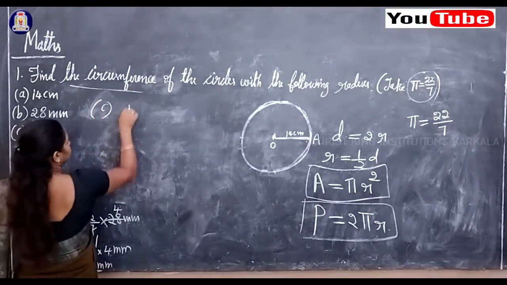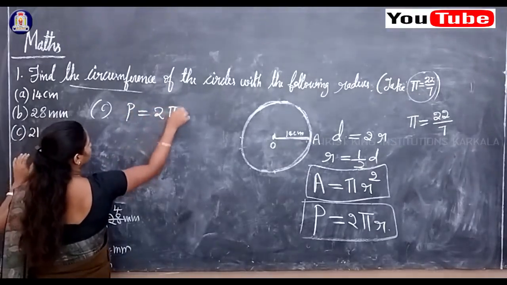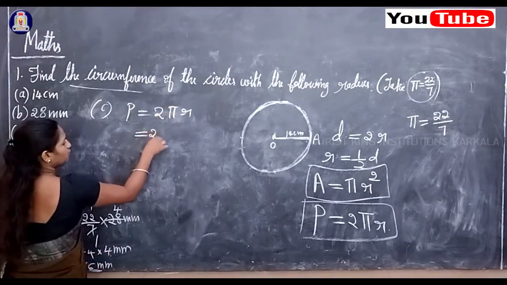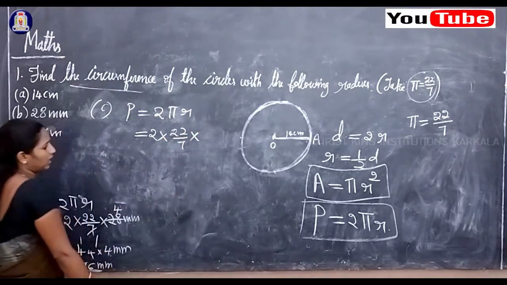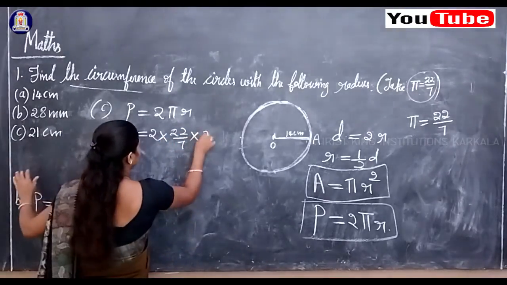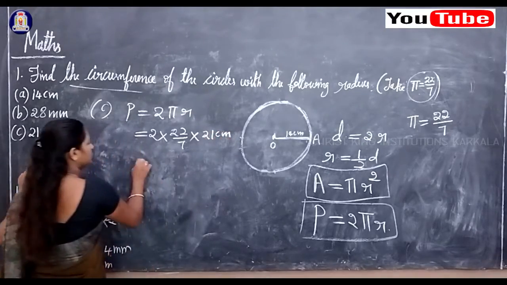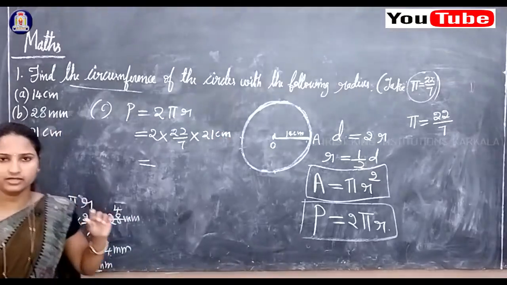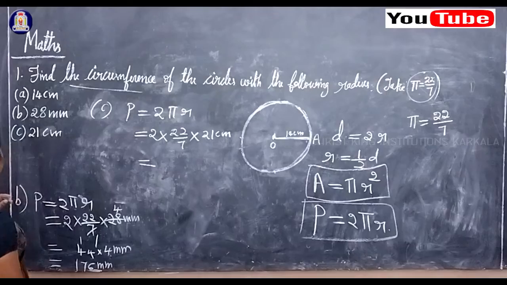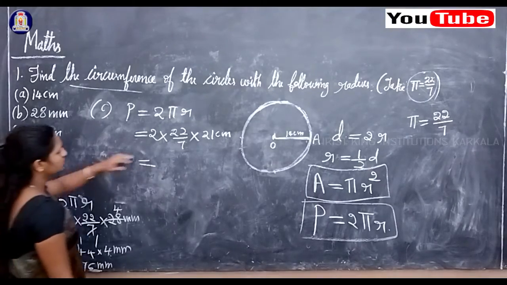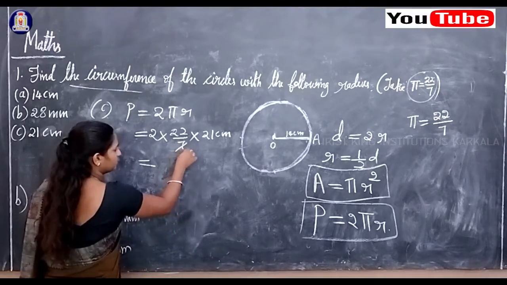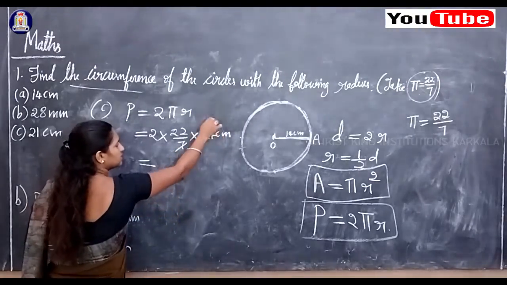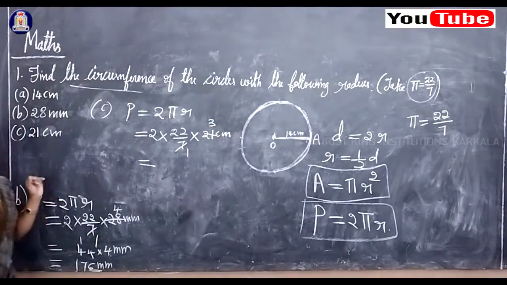Third one, P is equal to 2 pi r. So 2 into pi is 22 by 7 into r is 21 centimeter. So here you have to divide by 7. 7 ones are 7, 7 threes are 21.